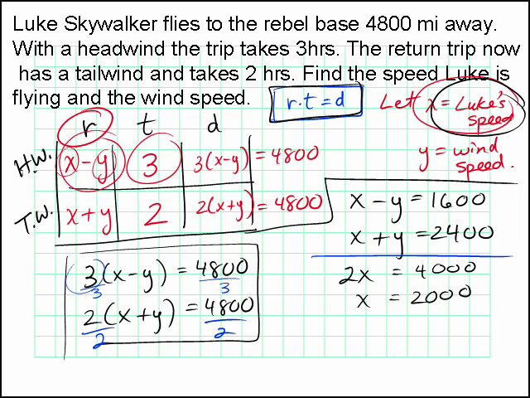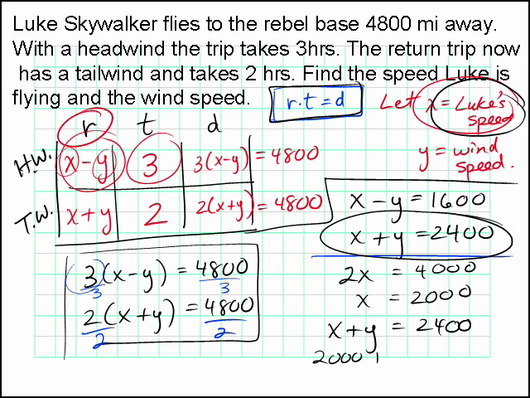I've got Luke's speed is 2,000 miles per hour. I also need y. And in order to get that, let's use this equation right here. X plus y is supposed to add up to 2,400. So if we put a 2,000 in for the x, then that will give me y equals 400 for the wind speed.